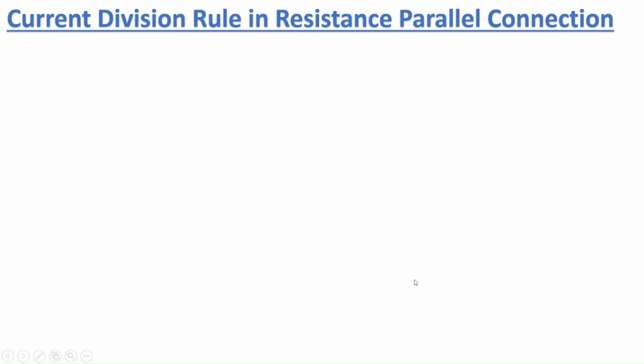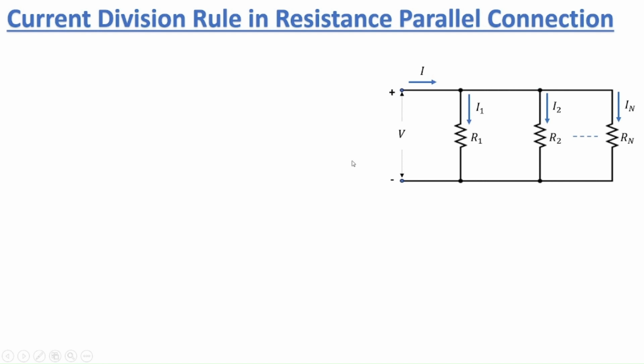Now, whenever resistances are connected in parallel, the current division rule comes into the picture. So let's discuss this also. If I take this circuit as an example, this is the supply voltage V, total current I is coming here, and it is getting divided like this into the n branches of resistance which are connected in parallel.